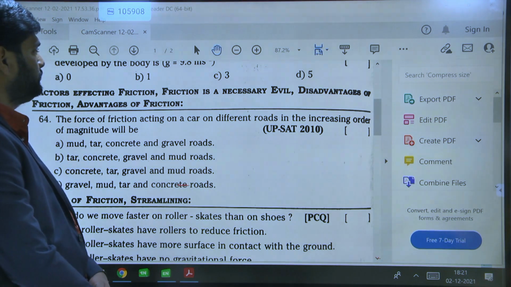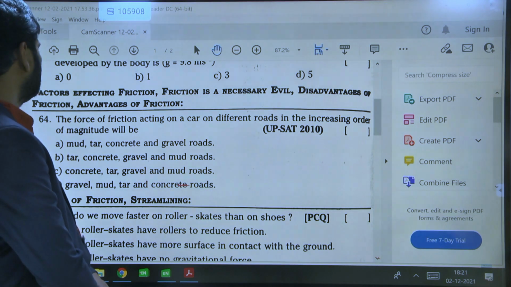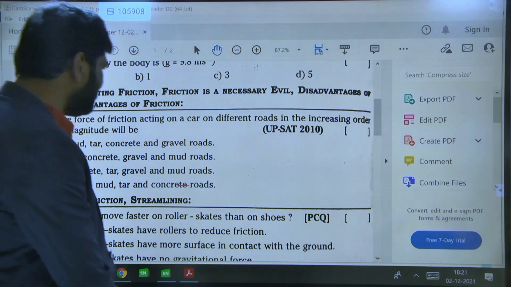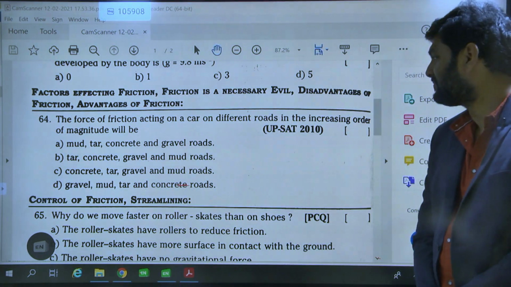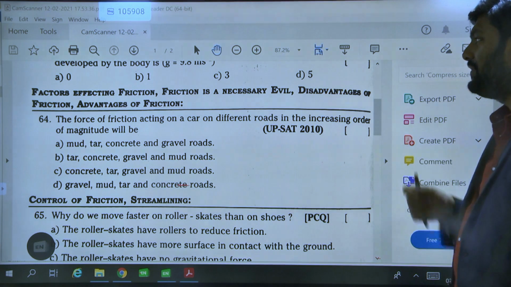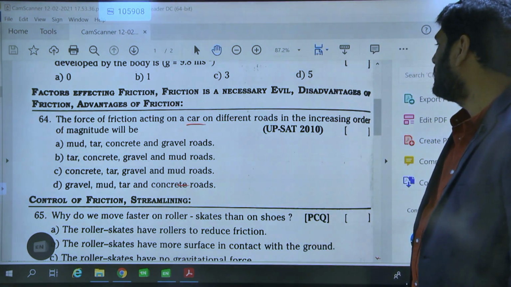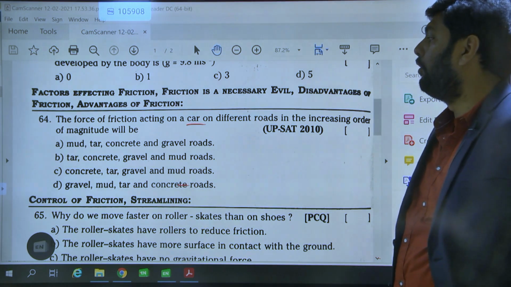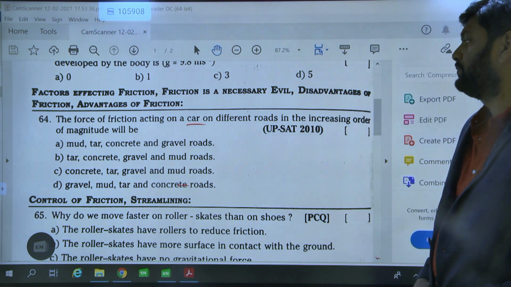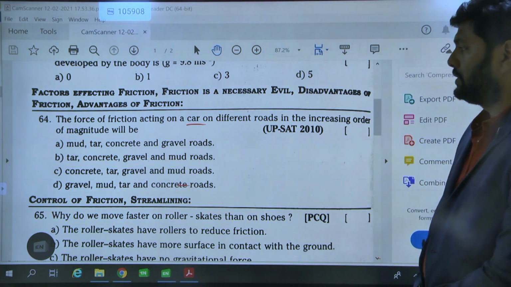The force of friction acting on a car on different roads, in increasing order of magnitude, will be... Where will you observe more force, more friction force?